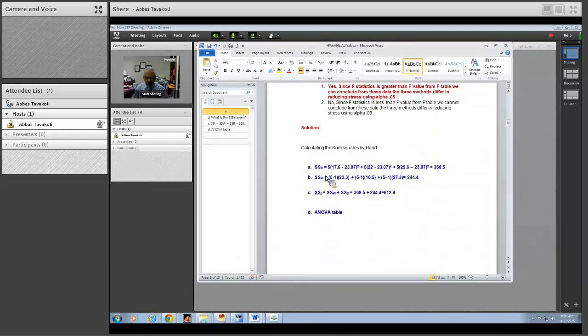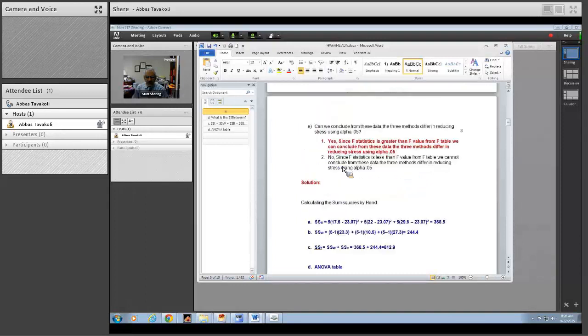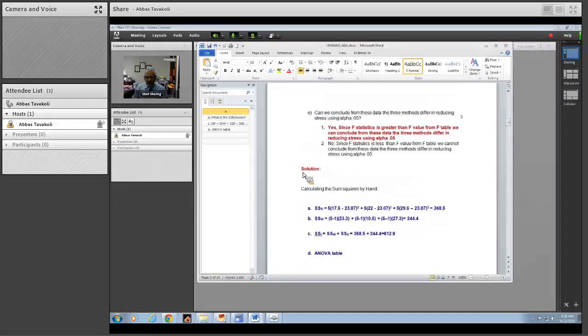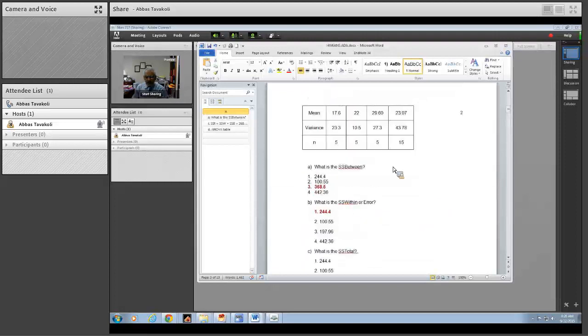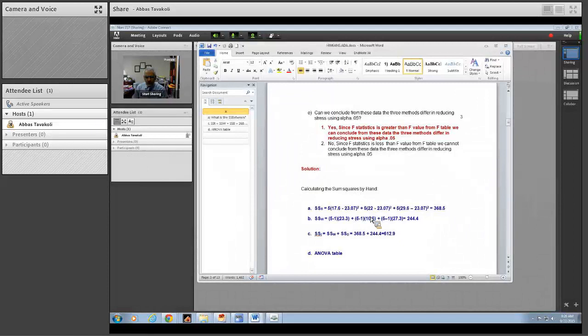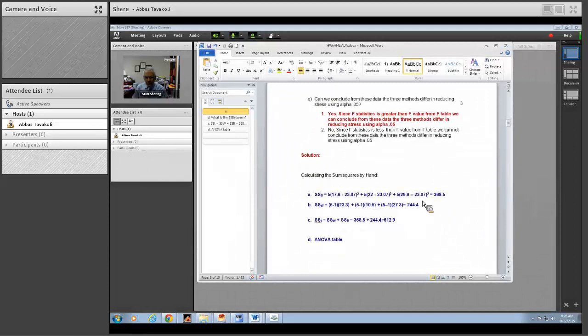This is the way you calculate it. For sum of squares between, you have n, then you have your mean for each group minus the grand mean. Your grand mean is 23.07, squared, and for group 2 and group 3, you get 368.5.